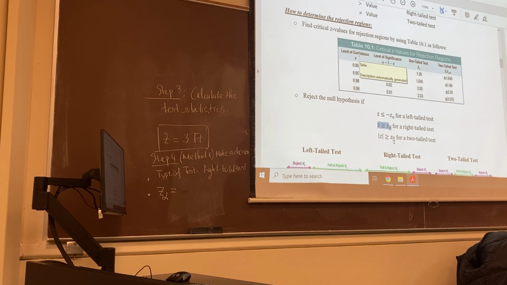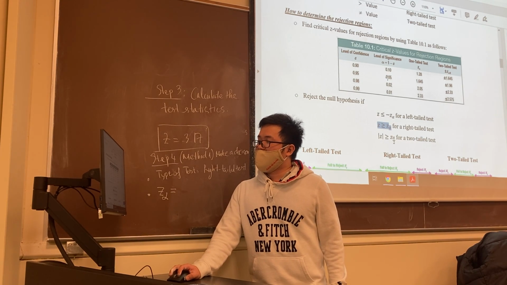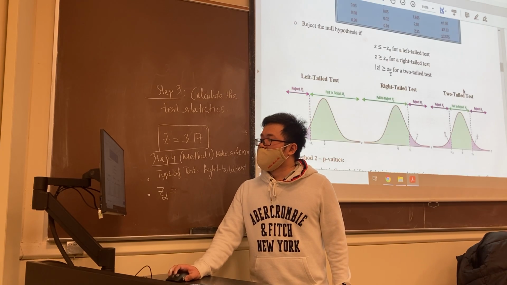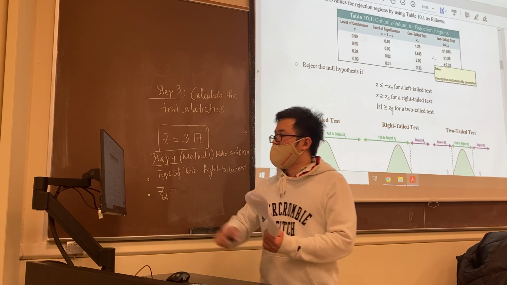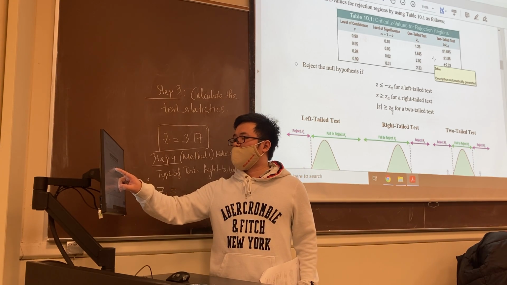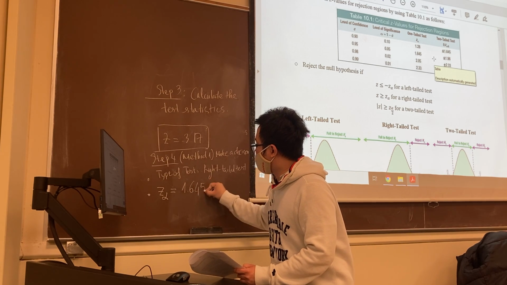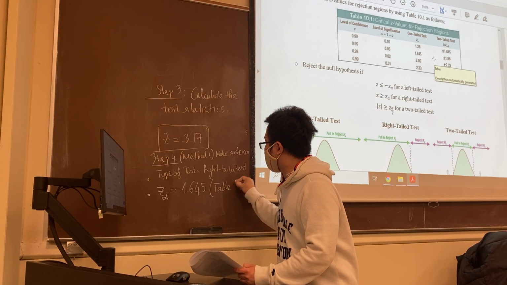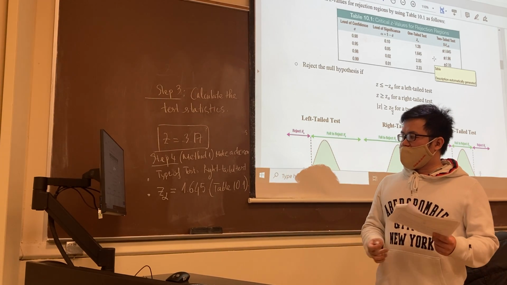So you look at table 10.1 and find the level of significance, then look at the one tail test here. So it's 1.645. So using table 10.1, that is how we calculate the z alpha.